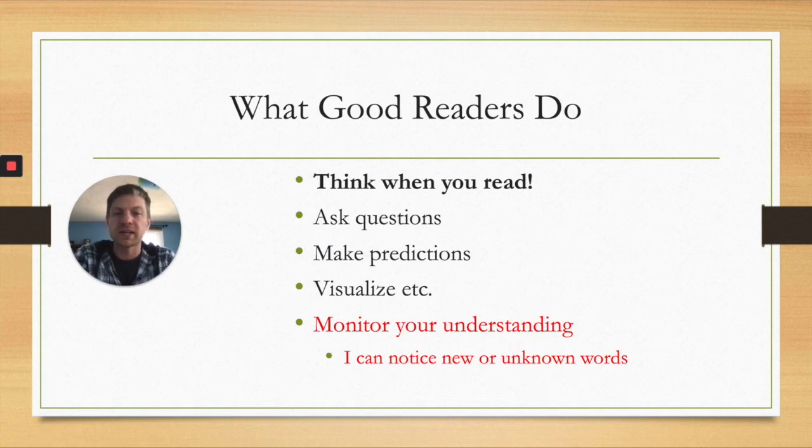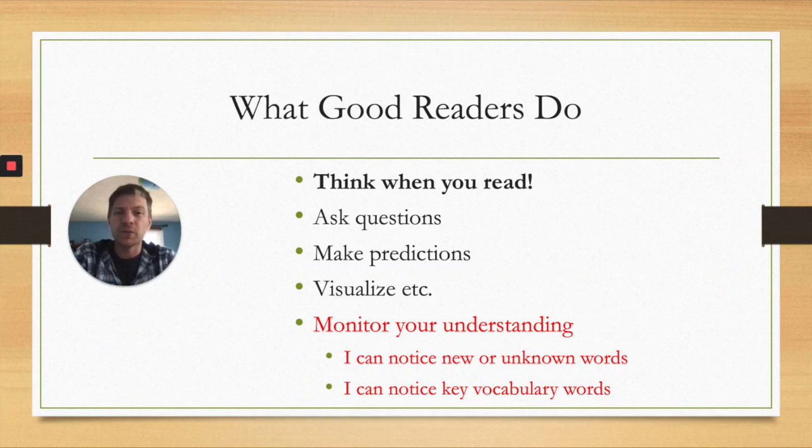One thing you do as you're monitoring is you notice new or unknown words. So this lesson has two targets. The first is I can notice new or unknown words, like when I came across that word quantum, I just noticed that I didn't know what it meant. The second target is I can notice key vocabulary words.